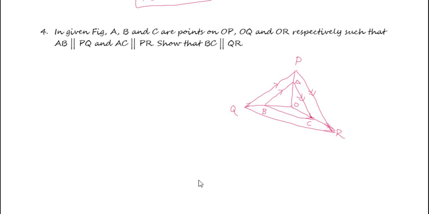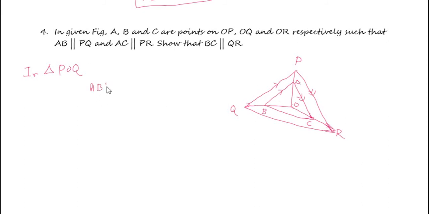Next exercise. In the given figure, A, B, C are the points on OP, OQ and OR respectively, such that AB is parallel to PQ, AC is parallel to PR. Show that BC is parallel to QR. In triangle POQ, we have AB parallel to PQ.